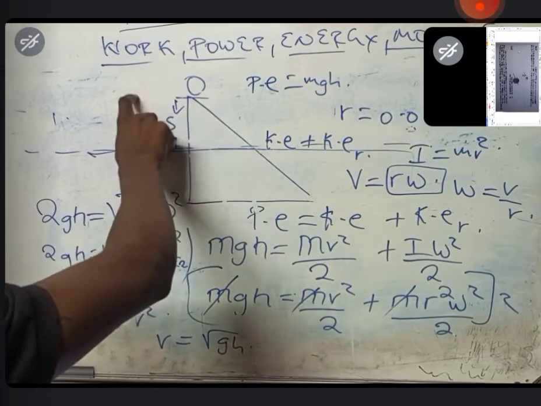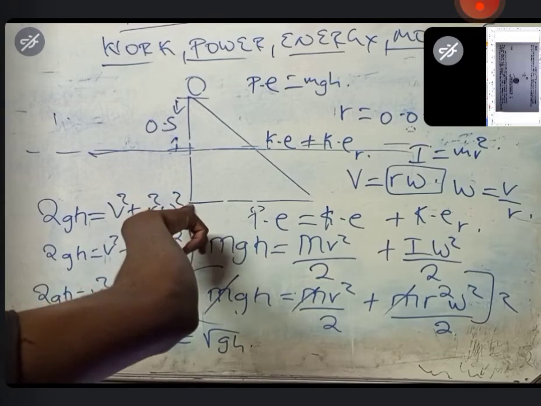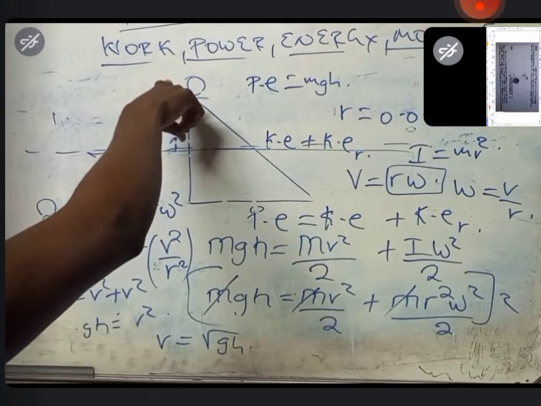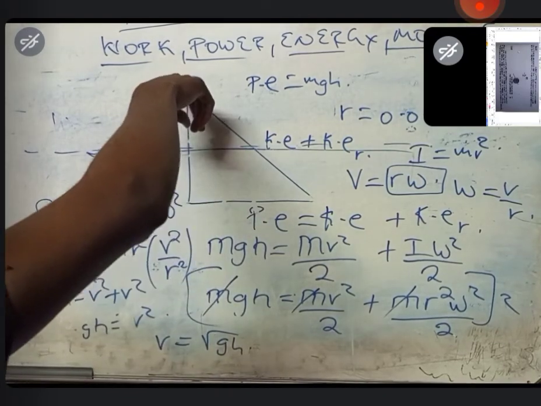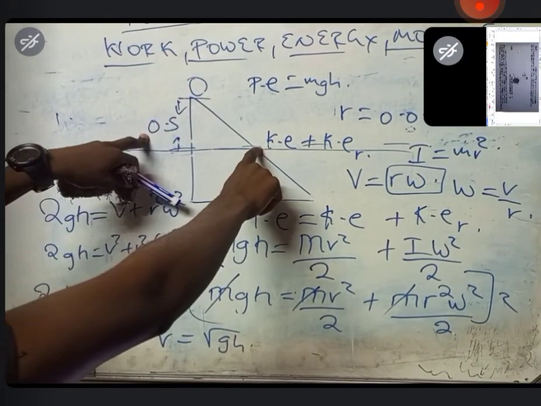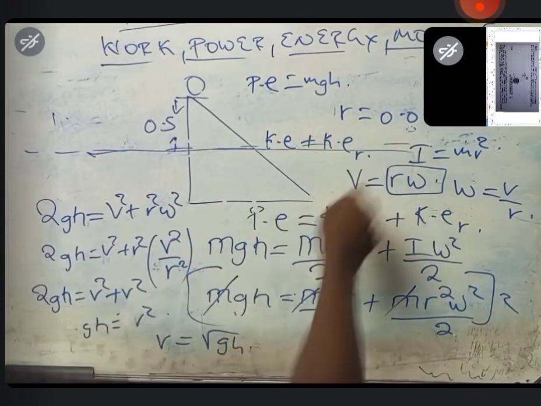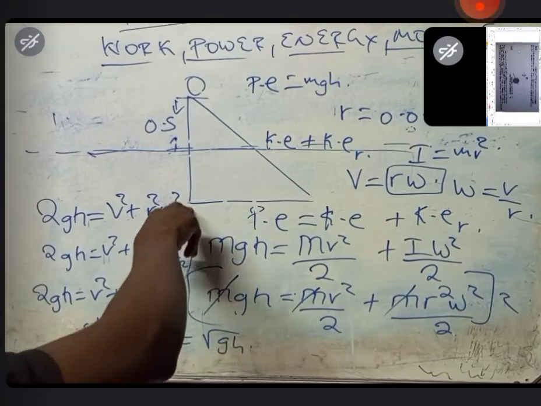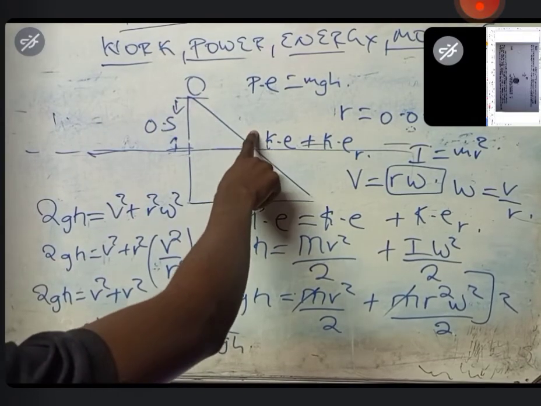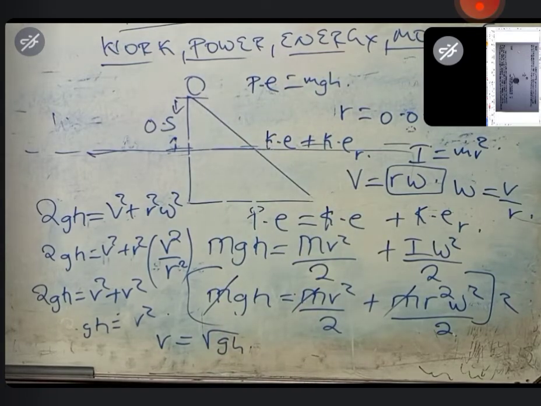If we had the potential from this point to that point, saying that it has all been converted to this would have been wrong. But in this case, all this height has been moved to 0, so all this potential energy has been converted to this. If it was down here, saying that it has been converted to kinetic energy at that point would be wrong. I don't know if it makes sense.